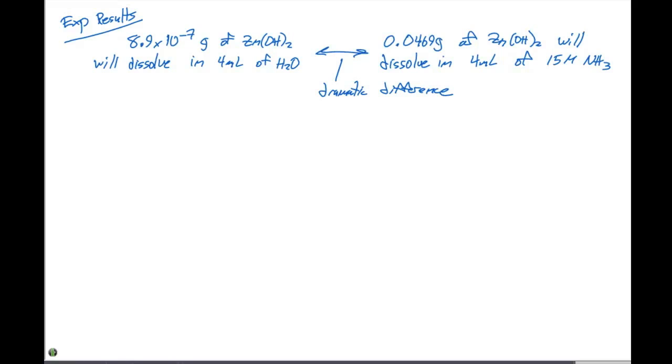And this dramatic difference can be attributed to complex ion formation. So this shows us that we can really manipulate and control the solubility by using this complex ion formation and using it to our advantage.